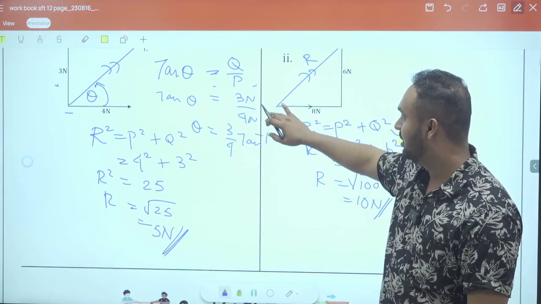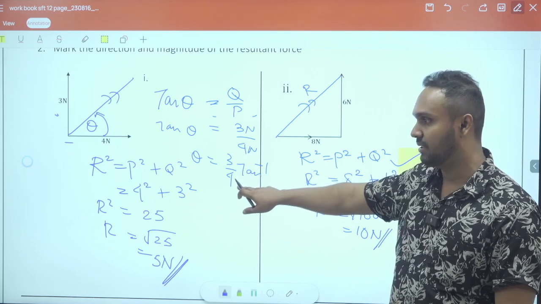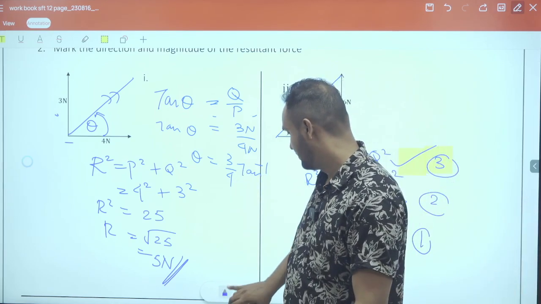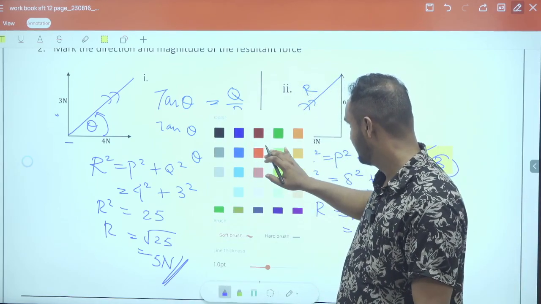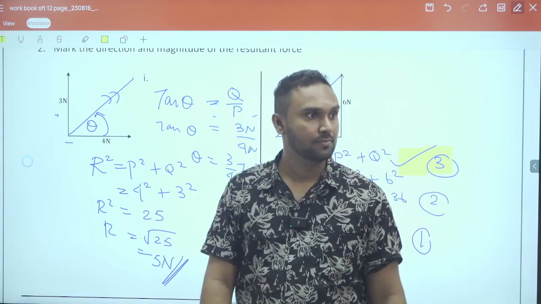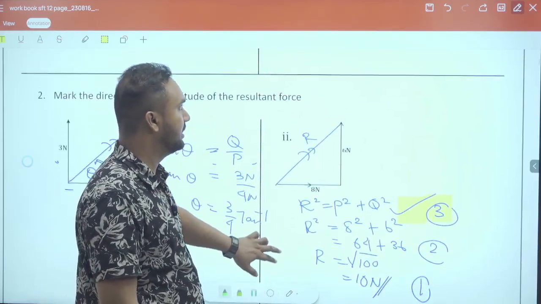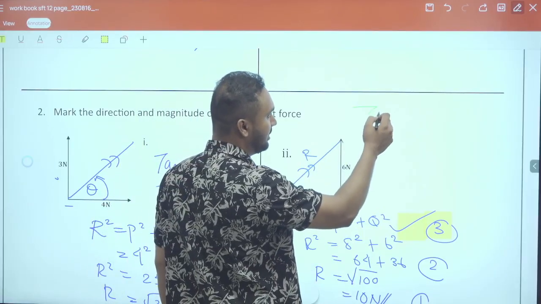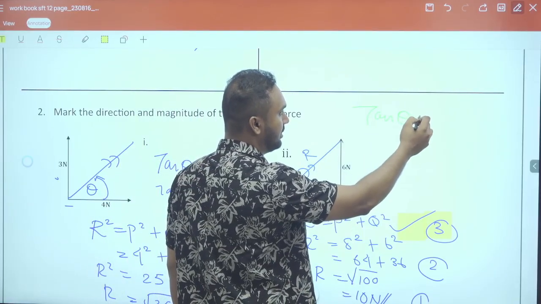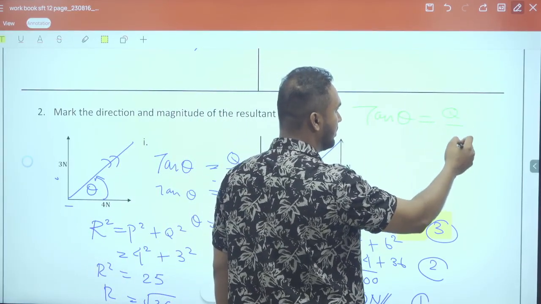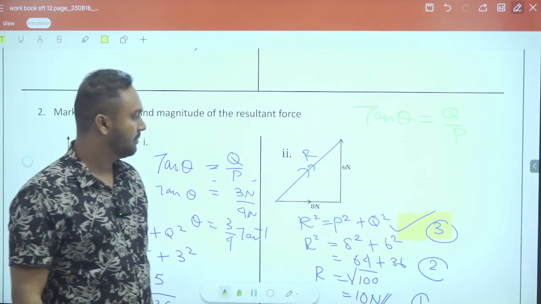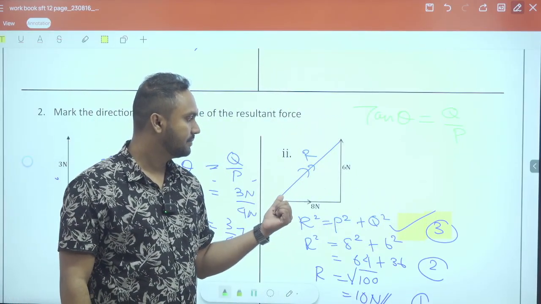Now the answer for the first question is this for the angle theta. Now if we put tan theta here, tan theta should equal Q over P. Now tell me, what is the theta here?